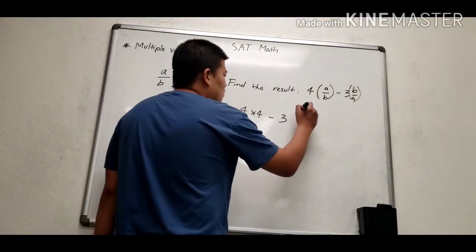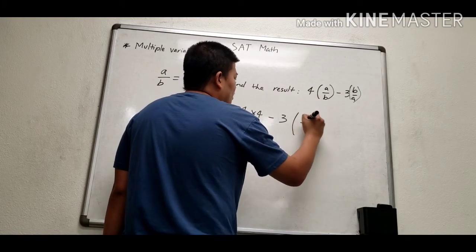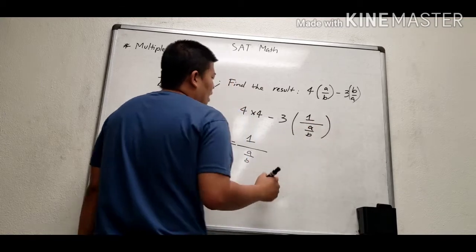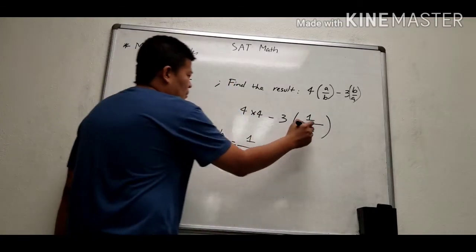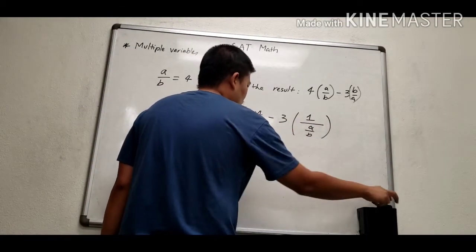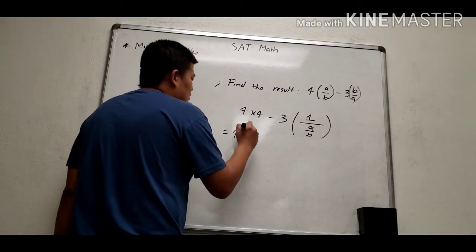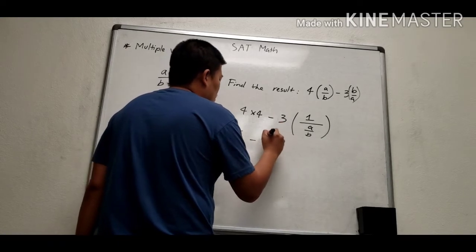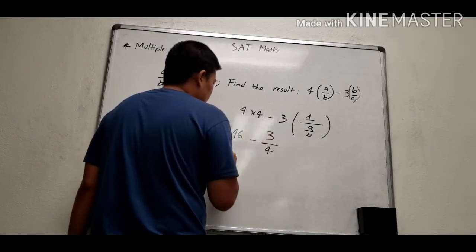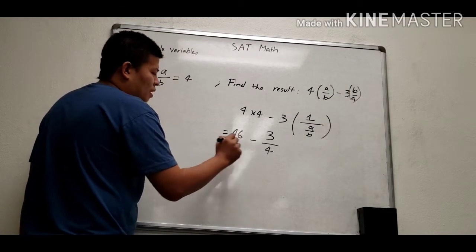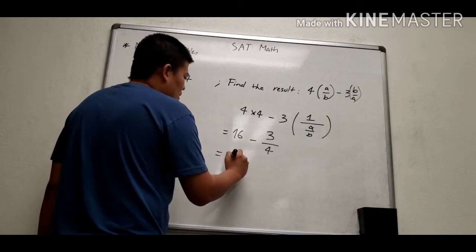And then here we put 1 divided by A over B, and we have A over B is about 4, so you get 16 minus 3 over 4. And we have the number 4 in the denominator, and we have the number 4 in here.